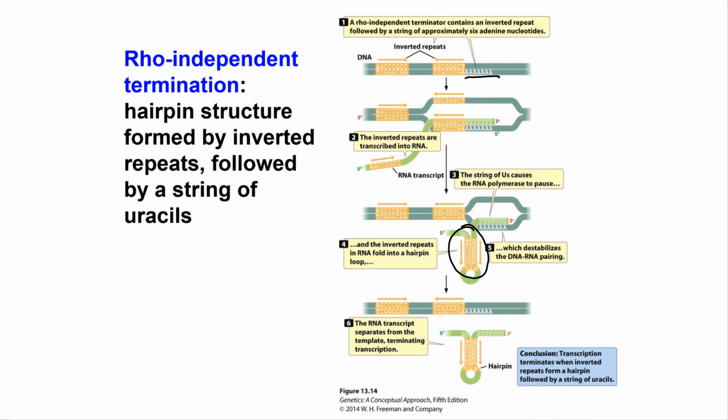When the hairpin is followed by a string of uracils, which are transcribed from those adenine sequences in DNA, this destabilizes the DNA-RNA pairing, and the RNA transcript separates from the template, thus terminating transcription. So these are the two major mechanisms by which transcription is terminated in bacteria, rho-dependent and rho-independent.